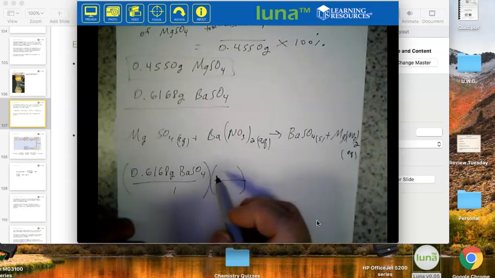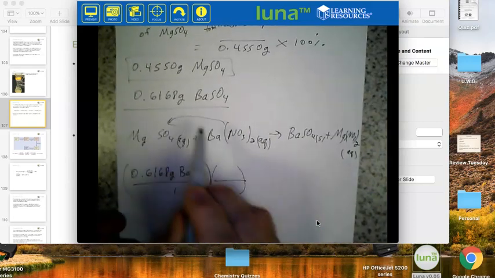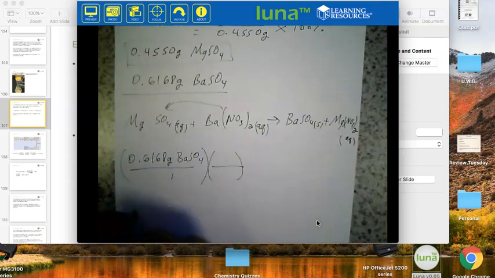So I need to go from mass of barium sulfate to moles of barium sulfate. So I need to find my molar mass of barium sulfate.